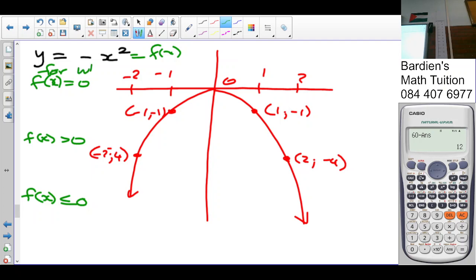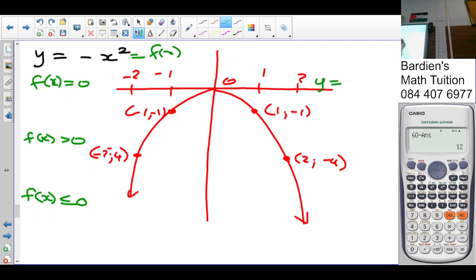For which values of x will f of x equal 0, f of x be greater than 0, or f of x be less than or equal to 0? Okay, you guys got it? For which value or values of x will. That's how it's normally asked, okay? So, for which values of x is f of x equal to 0?